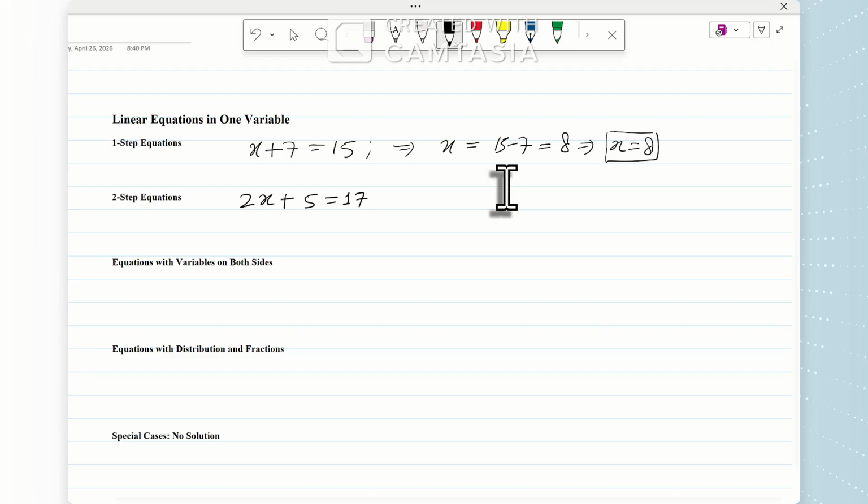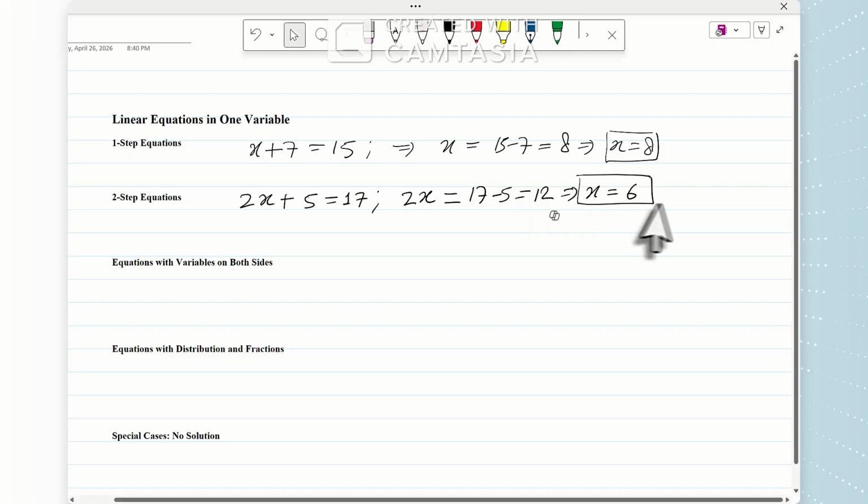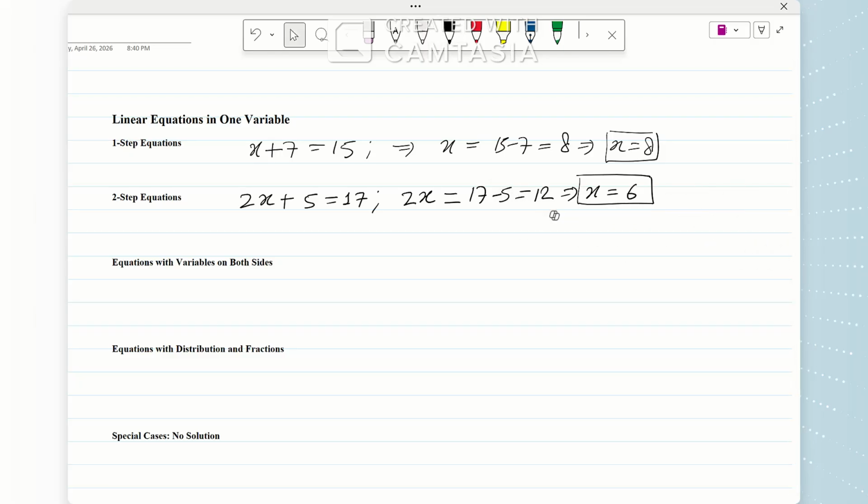So these are the two mathematical operators that are required to be able to solve this. So you take the 5 on the other side, on the right hand side, you will have 17 minus 5, which is 12. So that would give you x is equal to 6 as your answer. Divide by 2. So here you see that it has required you to carry out two mathematical operations.